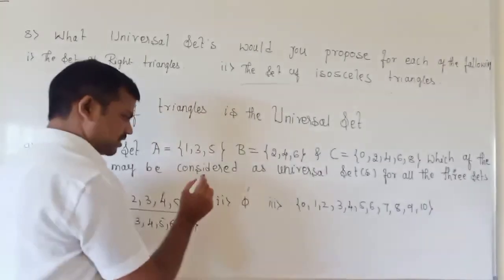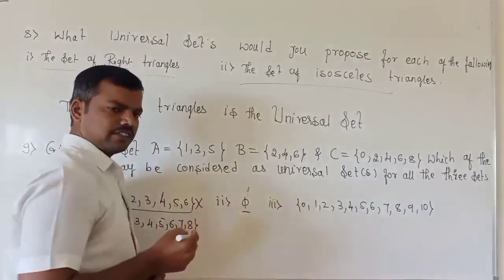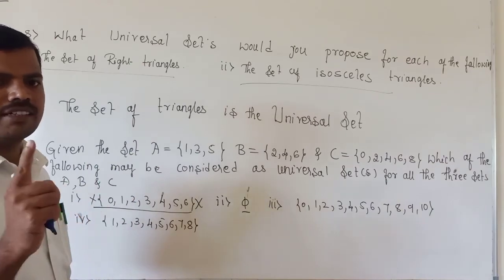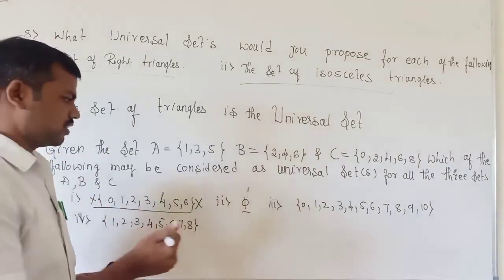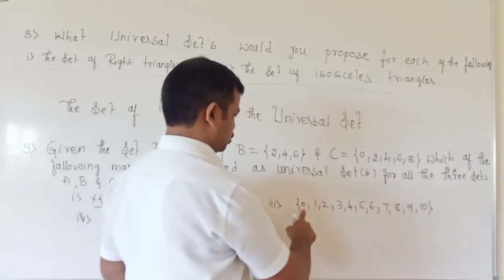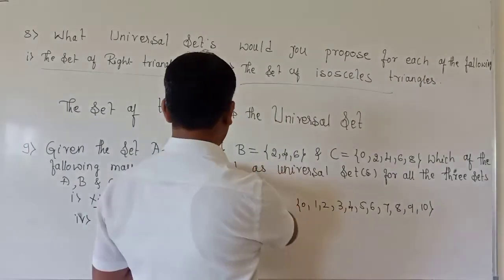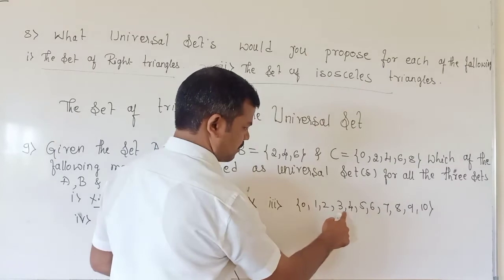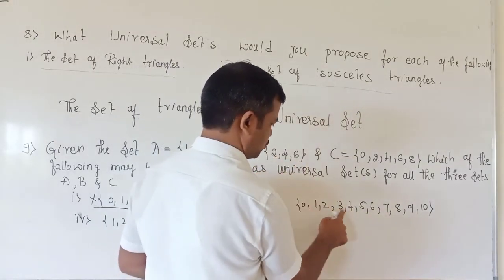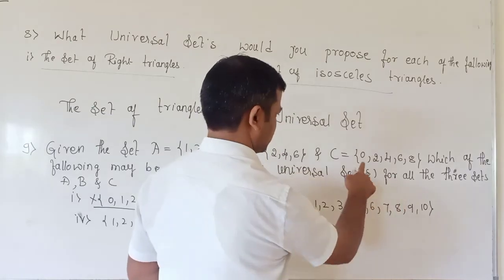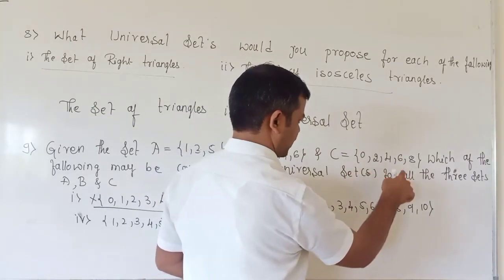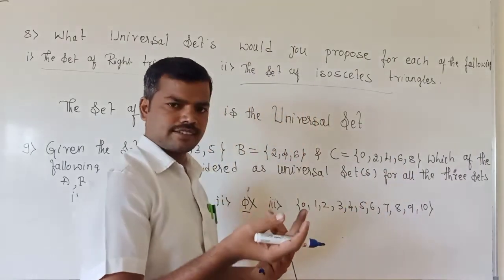Next we come to the second one. What is a null set? A null set is a subset of every set, but not every set is a subset of it. Here we come to 0. First, 1, 3, 5 is there. Second set, 2, 4, 6 is there. 0, 2, 4, 6, 8, the remaining are also there.